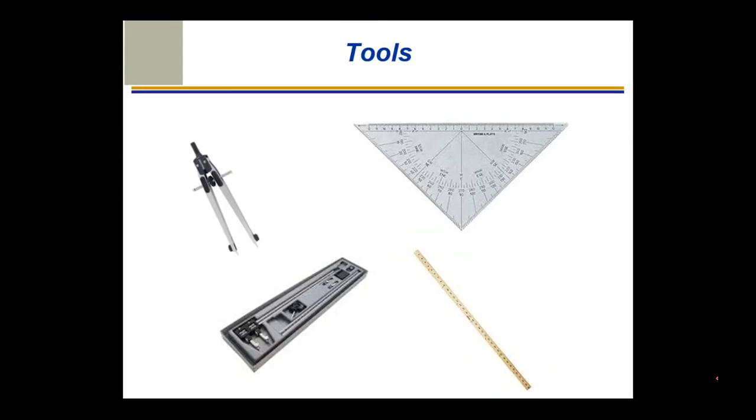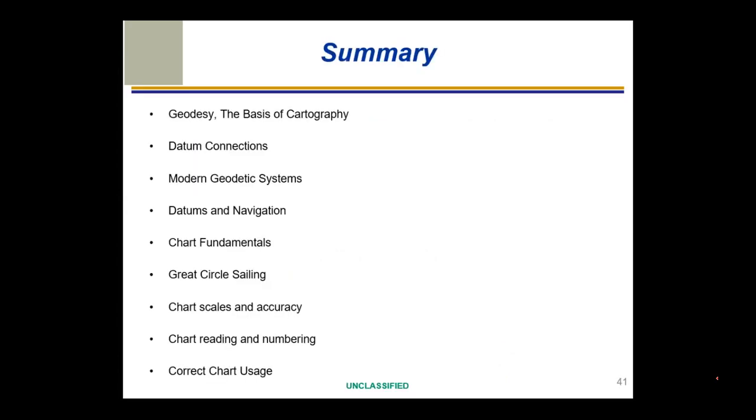That was just a brief overview of getting familiar with the chart and how to use it. We'll go into a lot more detail when we do the chart labs within this class. Wrapping up all the topics we talked about within this lesson, the nautical chart, we covered geodesy, how geodesy allows us to have navigational datums, which navigational datum we use, and how it helps us in navigation.